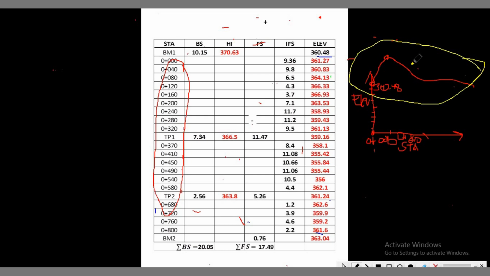So, I just presented to you how to complete the table for profile leveling. But as for the graphing of all the points, for your activity for this day, kasi gahol na tayo sa oras, I cannot finish this one.